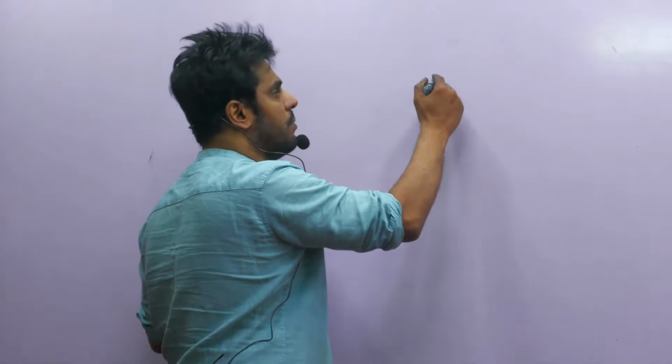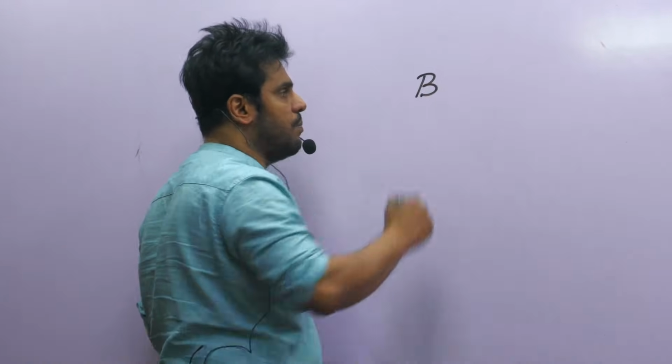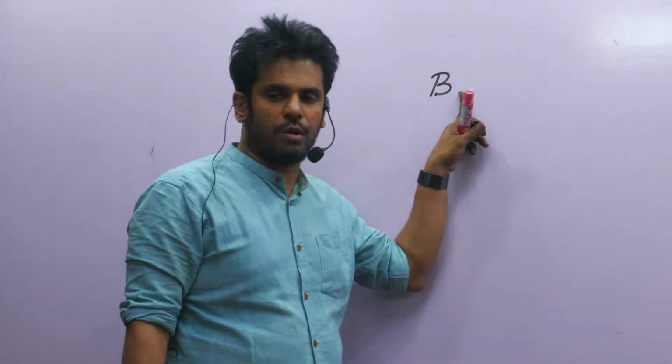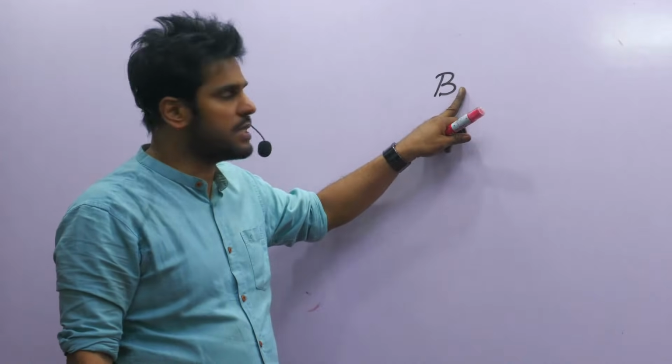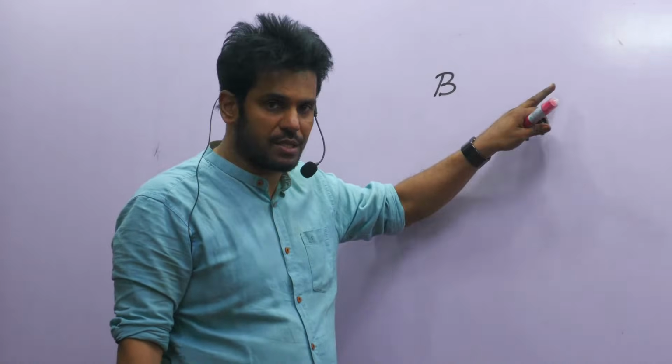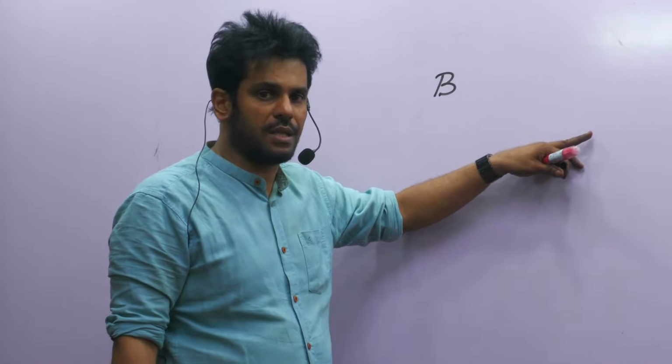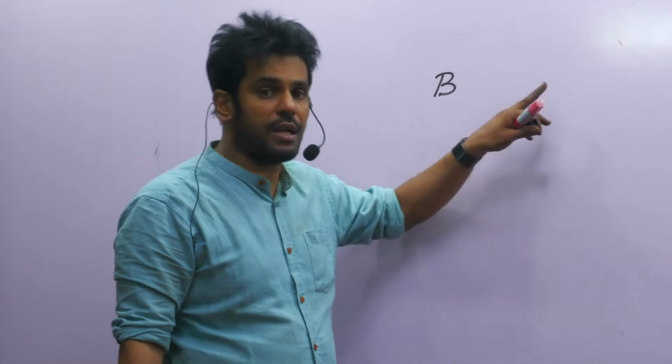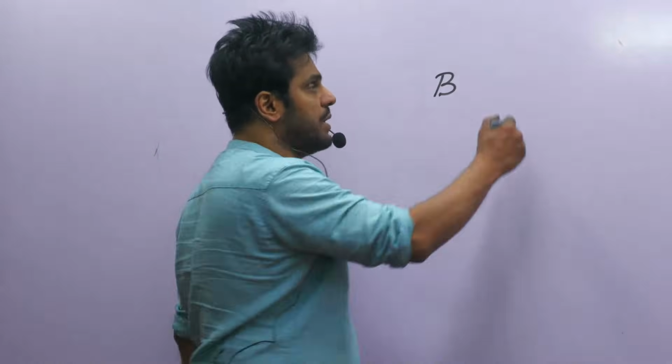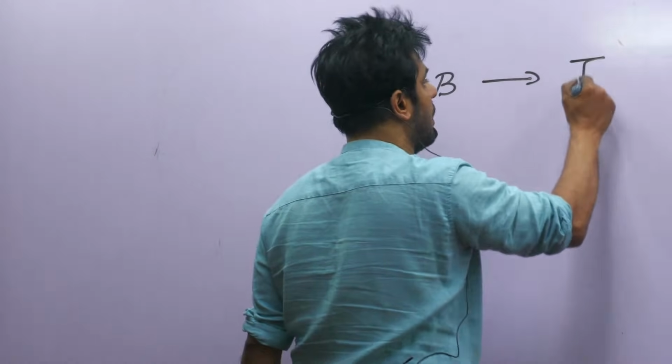Everyone write this one again. Now this is the magnetic field. The magnetic field is known as magnetic flux density, or magnetic field intensity. That is measured in Tesla.